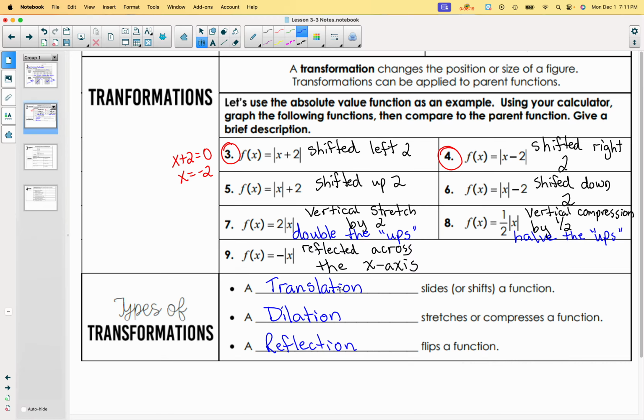Now, I'll be honest, I don't usually use the words translation and dilation that much. I will instead say like a vertical shift, or like 3 and 4 are horizontal shifts. Number 5 and 6 are vertical shifts. And then we'll have the stretches and compressions and reflections.